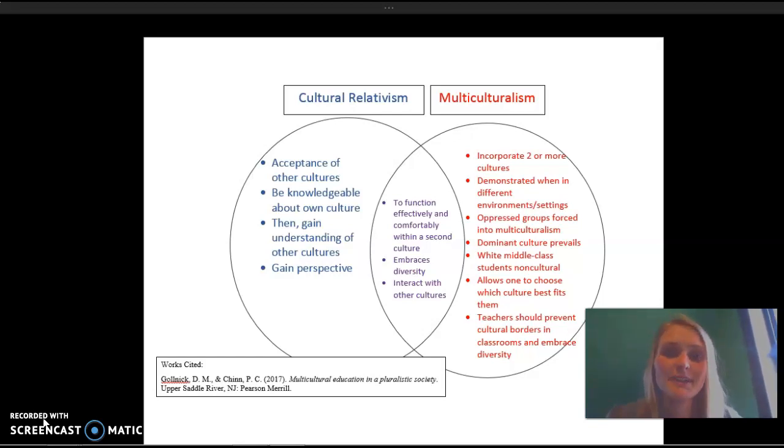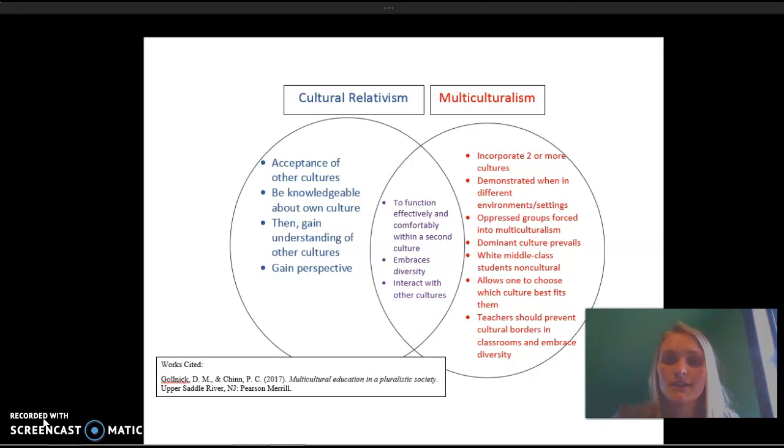And finally, both of these approaches encourage students to interact with other cultures and not just live within their own culture and be comfortable with that, but to really get out there and not be afraid to explore the differences that other people may have and why they have those differences, how we can embrace them and make everyone feel included.